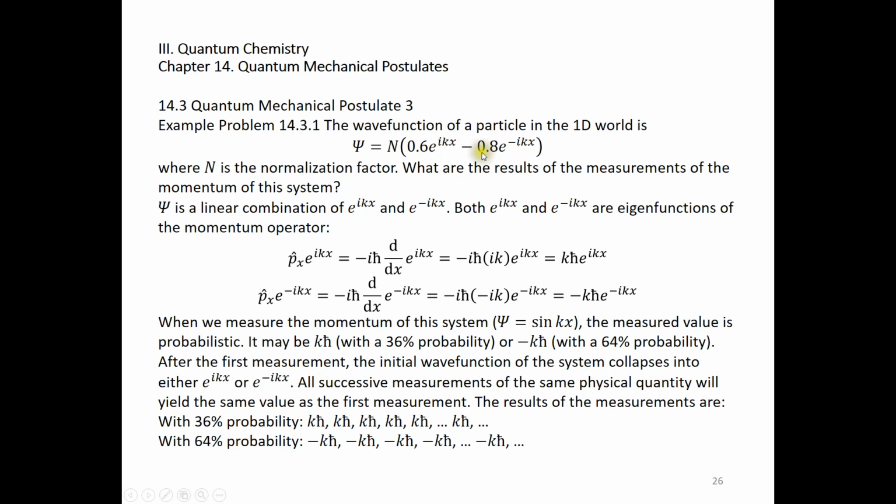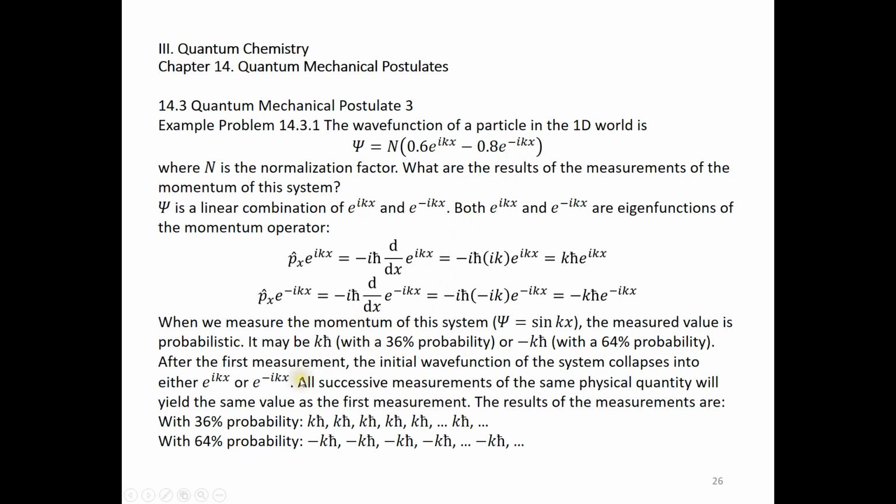If we square both, we get 0.36 and 0.64, and now we have 36% versus 64% chances of getting kh bar associated with this eigenfunction, or negative kh bar associated with this eigenfunction.